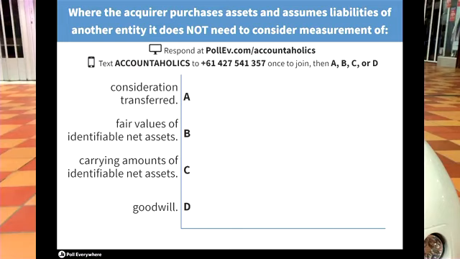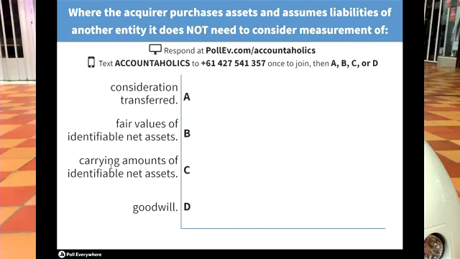Remember what we do. We always do the comparison between the fair values of identifiable assets and liabilities assumed, and the fair value of the consideration transferred. The difference between them would be either goodwill or gain on bargain purchase. So A, B, D are all the ones we need to consider.